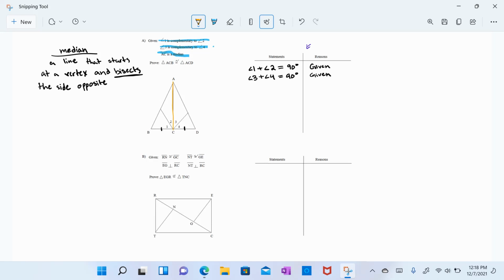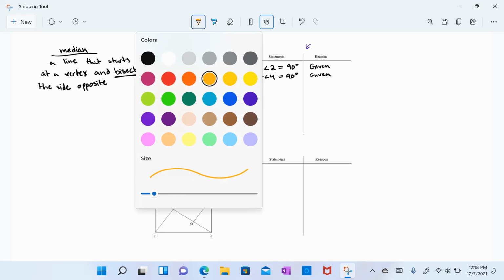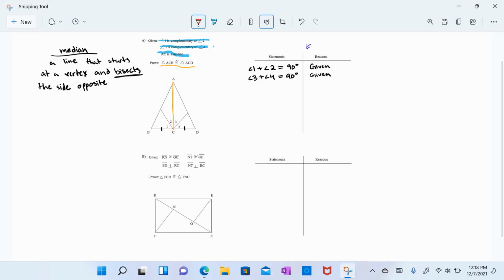Before we continue, we also want to know what we're trying to prove, which is that the triangle ACB is congruent to the triangle ACD. We're trying to prove that.